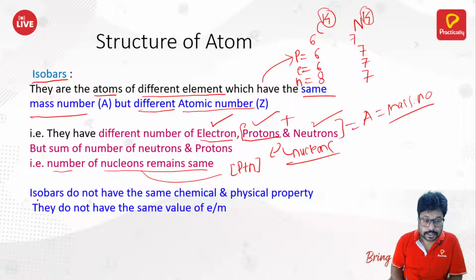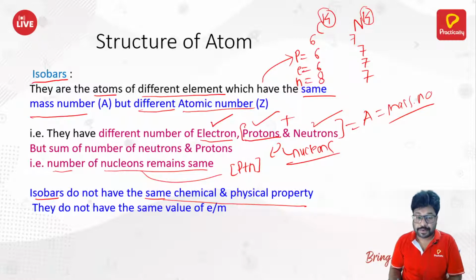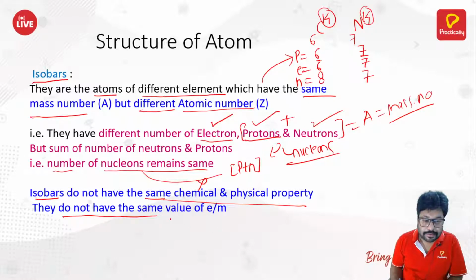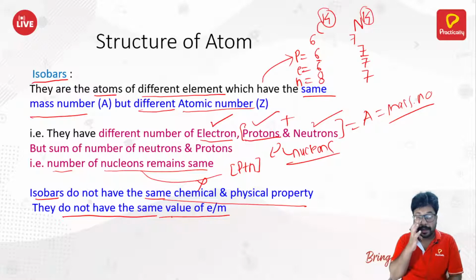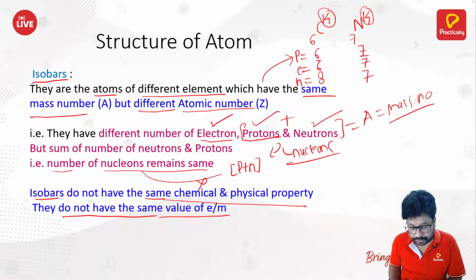Okay, see, isobars do not have the same chemical and physical properties. In some way, physical properties are the same, but chemical properties cannot be the same because they belong to completely different elements altogether. Okay, they also do not have the same value of e/m. The value of e/m is also different.